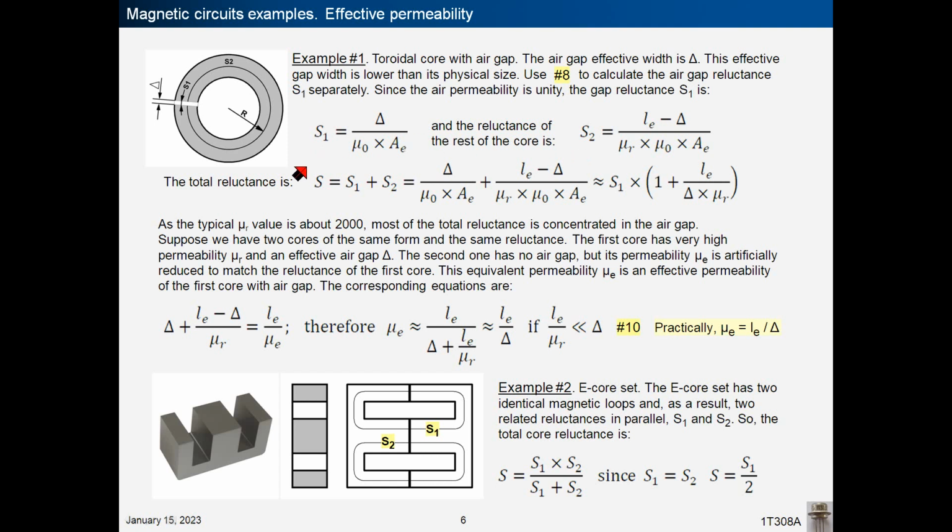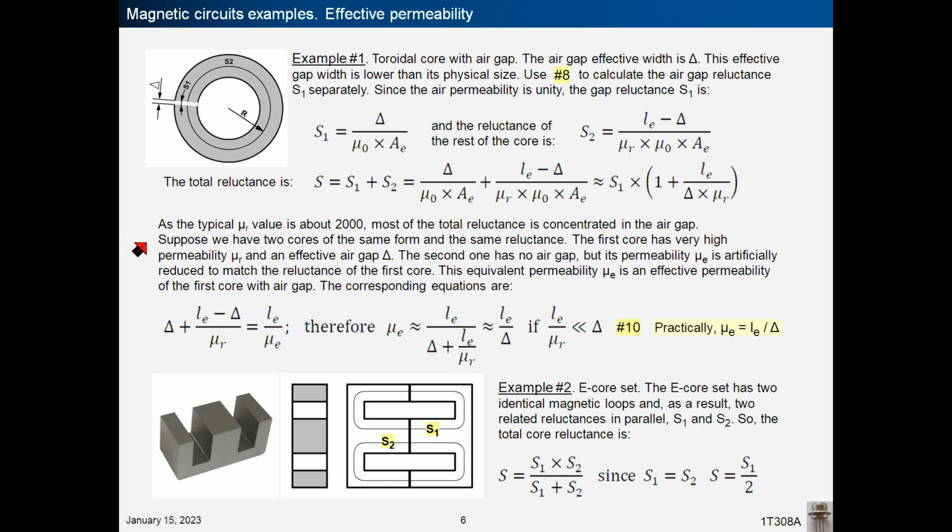The total reluctance can be found as the sum of S1 and S2. And because delta is much smaller than the effective length, the expression for total reluctance can be simplified. As the typical value of mu r is about 2000, most of the total reluctance is concentrated in the air gap.